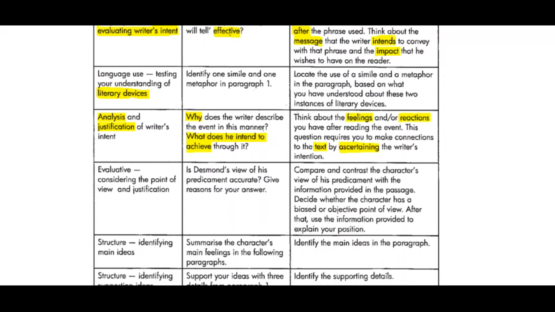Having brought up a certain reaction or a certain set of feelings in you, the reader, will be a very strong clue as to what the writer is intending to achieve and what his intention is behind all of that. And of course, that would be a form of justification, because you are saying that the justification of him doing this is that he has created this series of feelings and reactions in you.